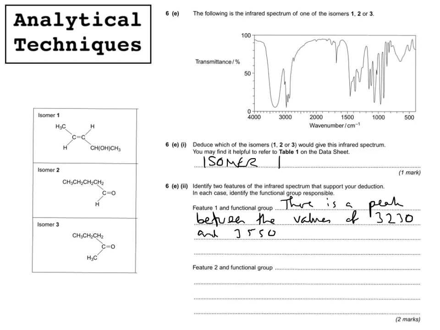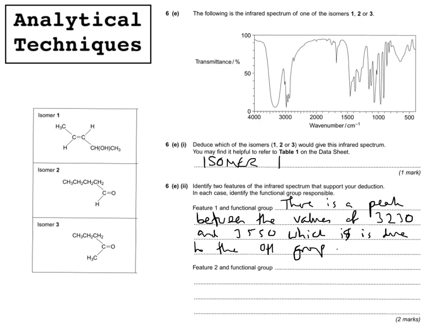So I've just basically copied that from the data table, but it's something you must say in order to get one of the marks. So there's a peak between the values of 3230 and 3550, and you've got to then say what accounts for that, which is due to the OH group.